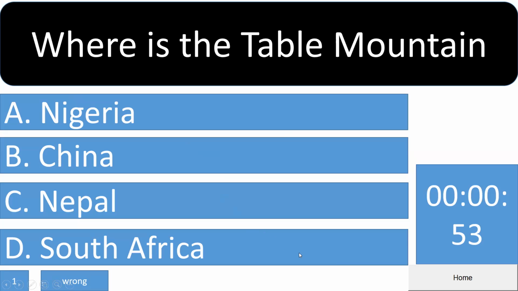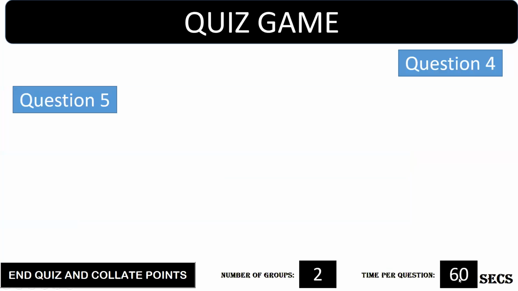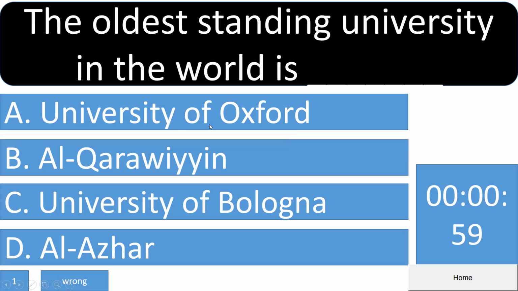I think that is in South Africa. Correct. So group 2 got that correct. And group 1, your question. Group 1 for question 5. The oldest university in the world is Al Qarawiyyin. That's pronounced correctly. So, but it is B.